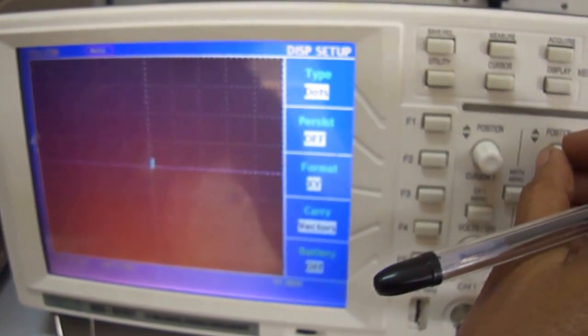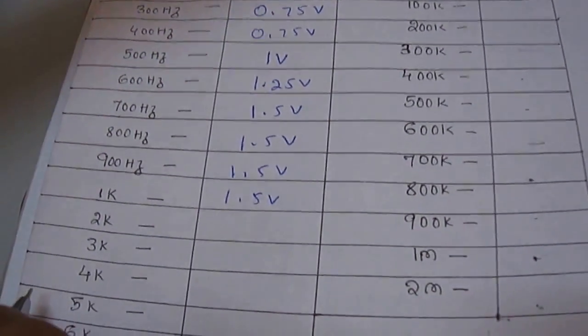At 1 kilohertz, the same 1.5 only. Next is 2 kilohertz.